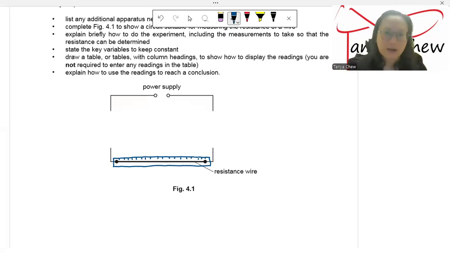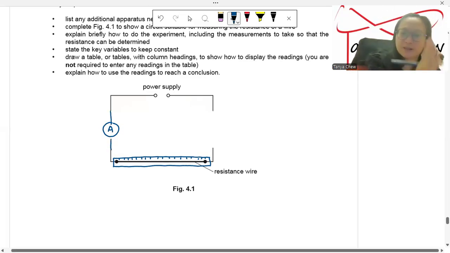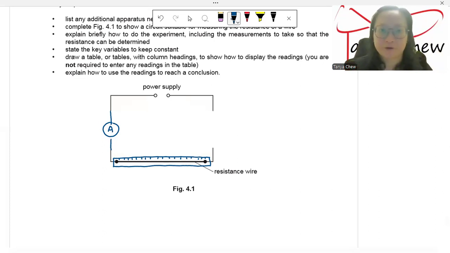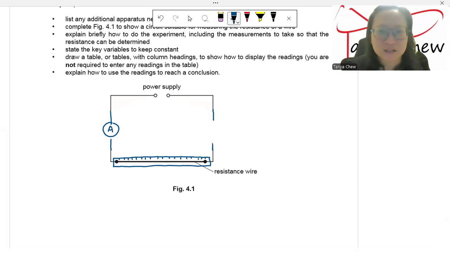That's it. And then I put an ammeter here. The ammeter must be connected in series with the power supply. So it could be beside the power supply, left-hand side or right-hand side, it doesn't matter. Don't worry. And then here, because this is a resistance wire, I want to make sure that the resistance wire is not being overheated because we are investigating the diameter.